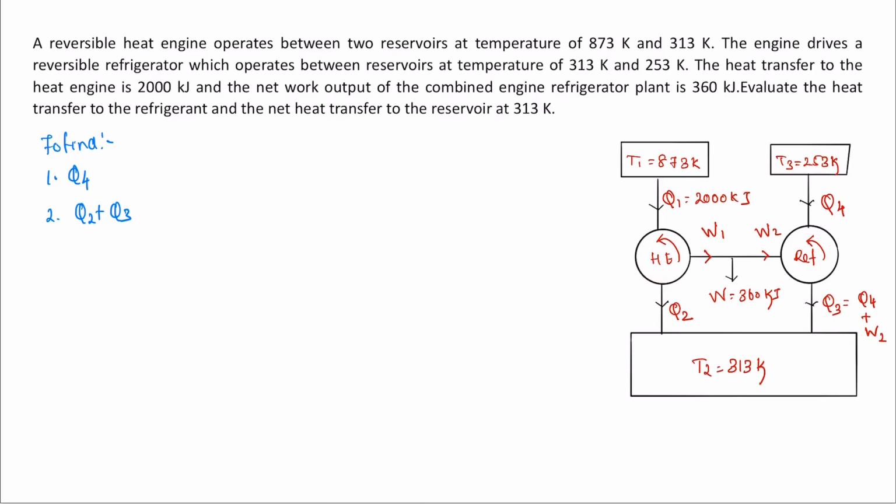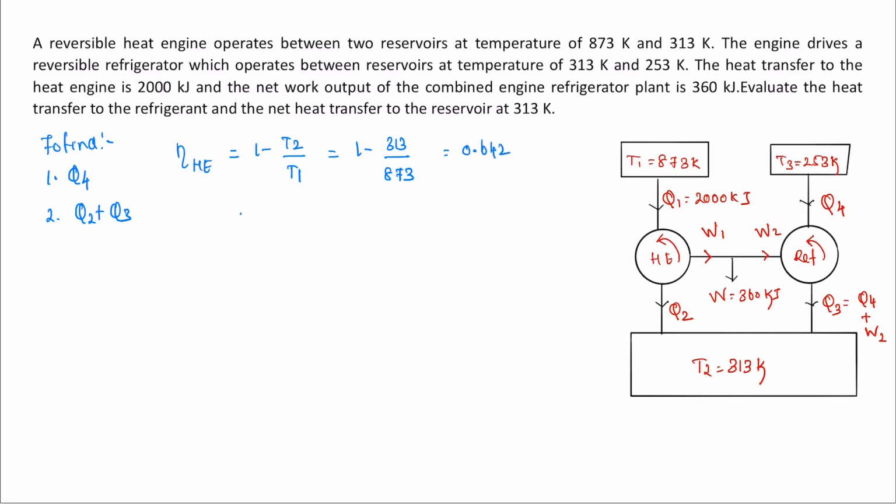Therefore, the efficiency of the heat engine is equal to 1 minus T2 divided by T1, which is equal to 1 minus 313 divided by 873 Kelvin, which is equal to 0.642.